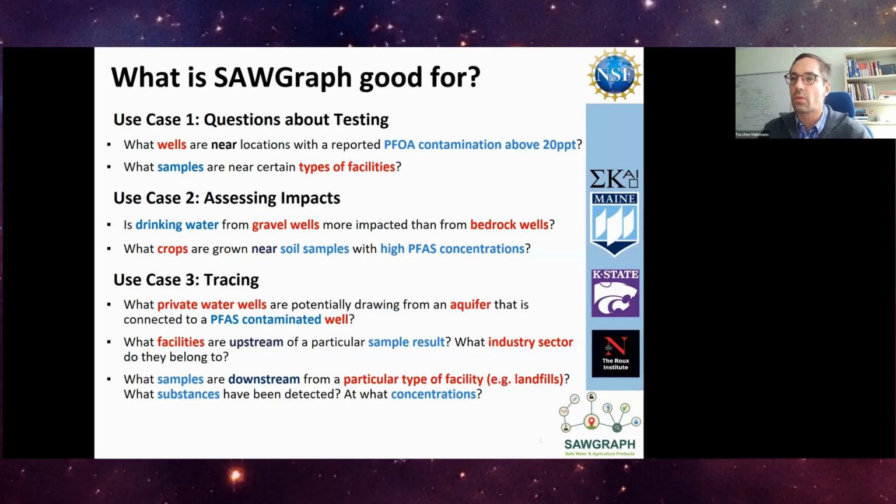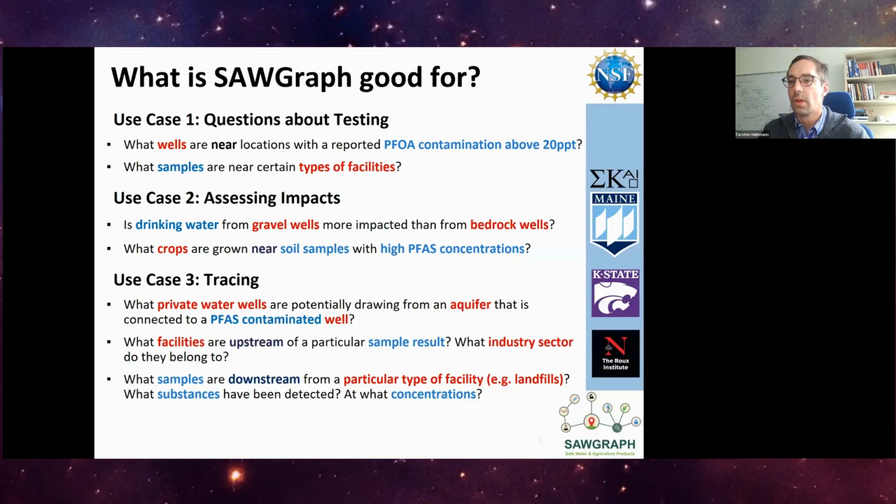Or the other way around, what samples are near certain types of facilities, for example, near landfills or near plastic manufacturing facilities.